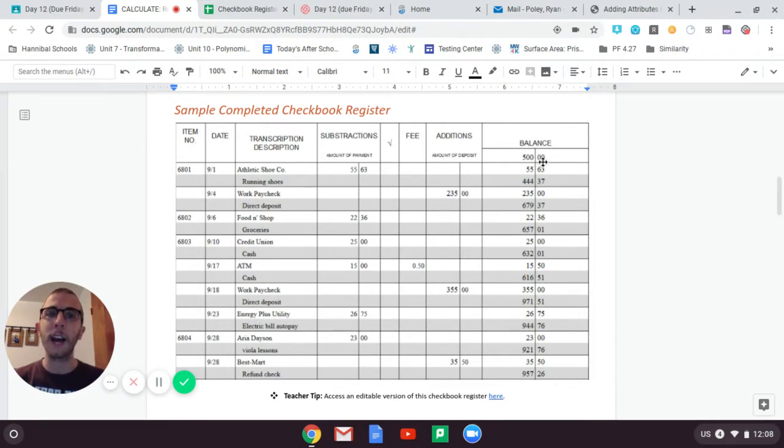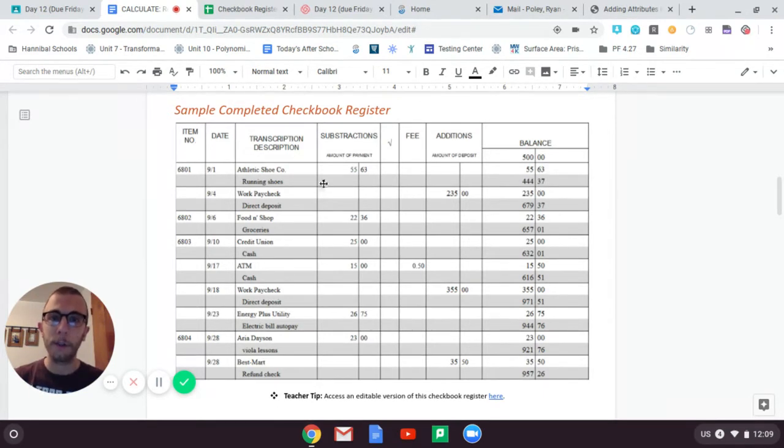So at the very top, that is what your beginning balance was before the first transaction. So this person had $500 in their account before the 1st of September. So that is their beginning balance. Then each transaction amount is in white, and the result of that either addition or subtraction is in the gray there.